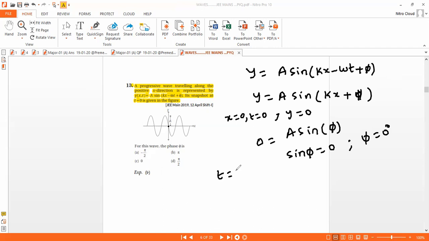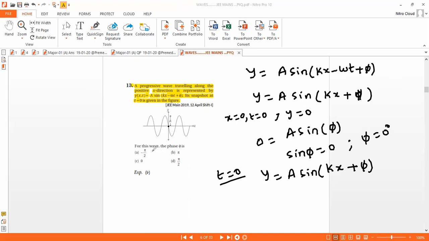They gave that this snapshot or graph is at t equal to 0. So y is equal to a into sine of kx plus phi. I need to find this value of phi.